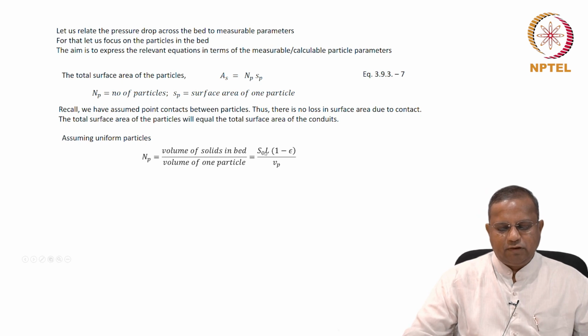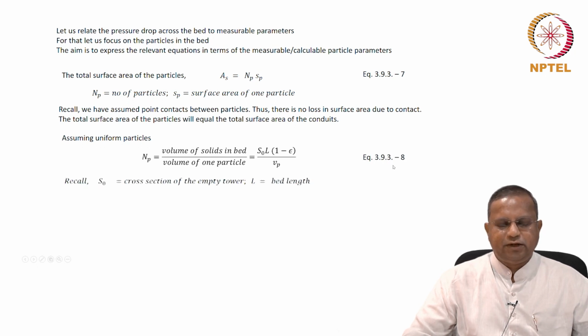The volume of solids in the bed is obtained from S naught L, the total volume, by subtracting the void volume, which is epsilon times the total volume. So the volume of solids in the bed divided by the volume of one particle, Vp. Equation 3.9.3-8.